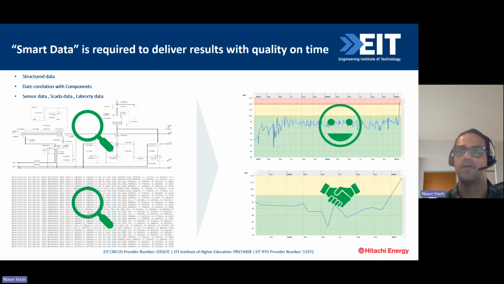The other thing we have to make sure of is that data are correlated with the components. For example, if it's a temperature, which part of the equipment is it coming from, because our model is based on failure modes. If you have 10 different failure modes happening for an equipment, for each of them, what data is required, and from which part of the equipment?